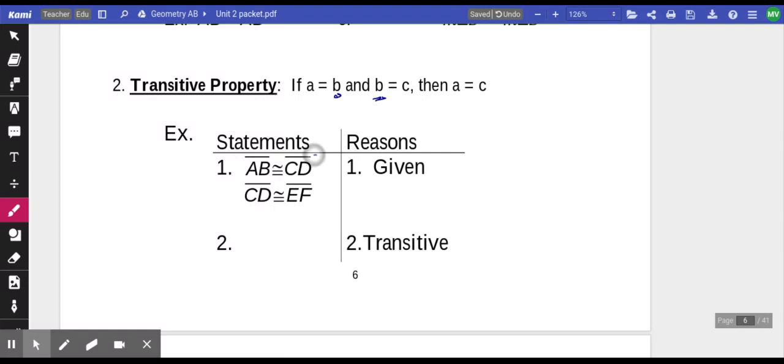So the fact that AB and EF are both congruent to CD, that means that AB is congruent to EF. So in our proof, we would write that as our statement, and our reason would be transitive. If you'd like, you can say the transitive property, but you can also just say transitive.